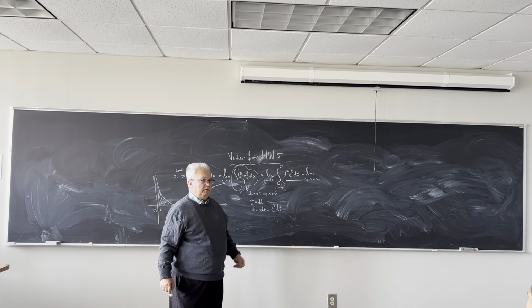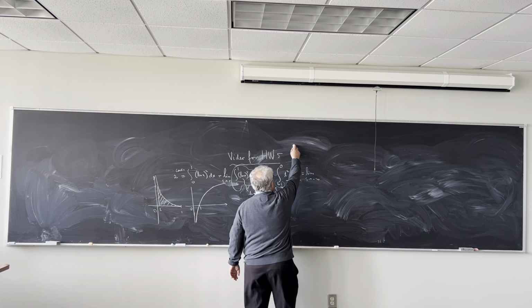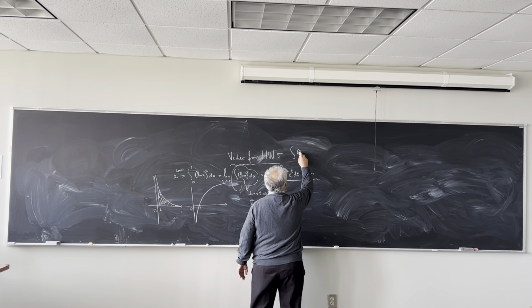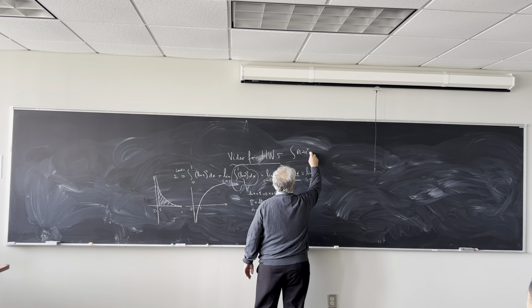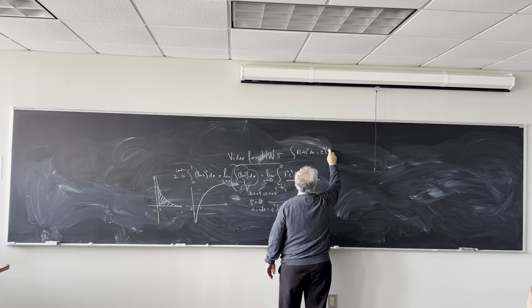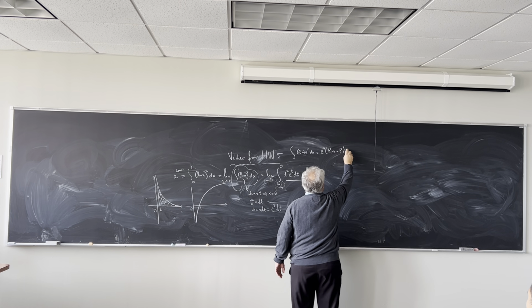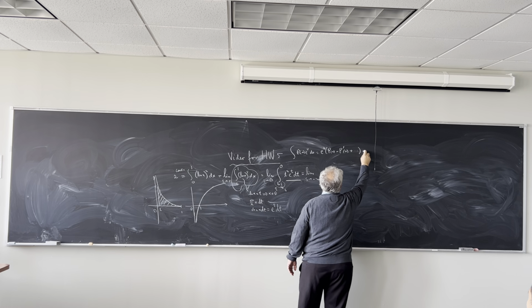We use the formula for the integration of a polynomial p of u times e to the u du, which is e to the u times p minus p prime, and so on.